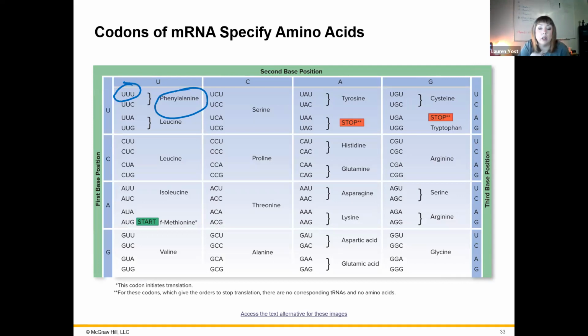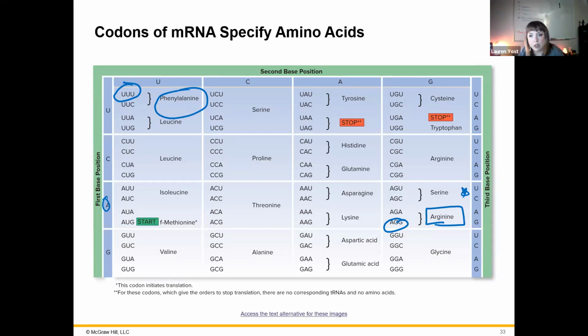Let's say, hypothetically, the codon reads AGG. Then you would go to A as your first base, which is here, and then you want G as your second base. So you go over to this section, and AGG is here, and that would code for arginine. So that's how you figure out how that table is set up.